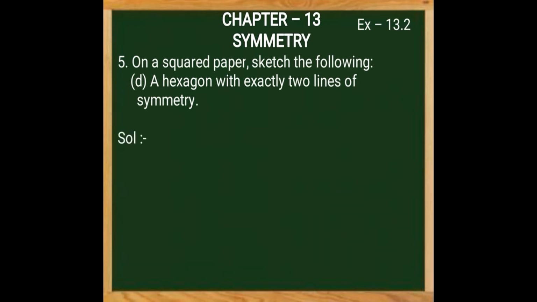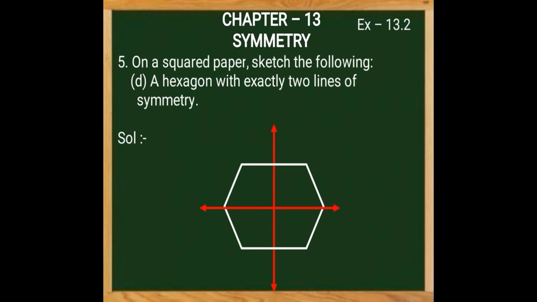So one such hexagon is like this. If you try to draw lines of symmetry, you would get at most a maximum of 2 lines of symmetry, vertical and horizontal.